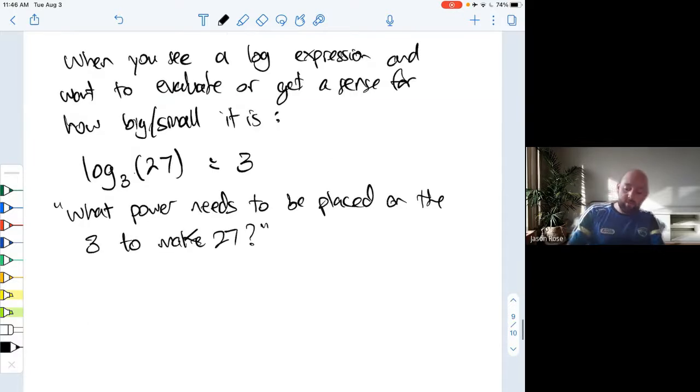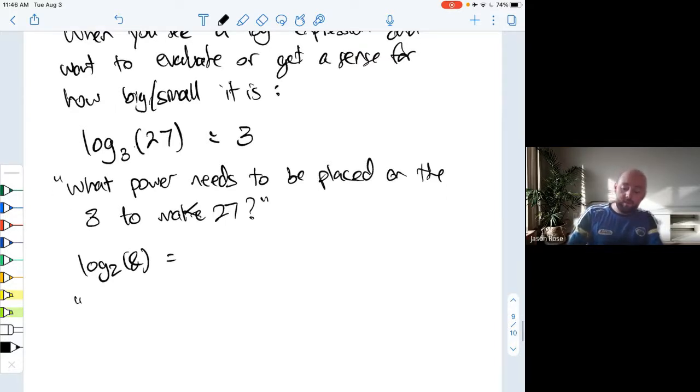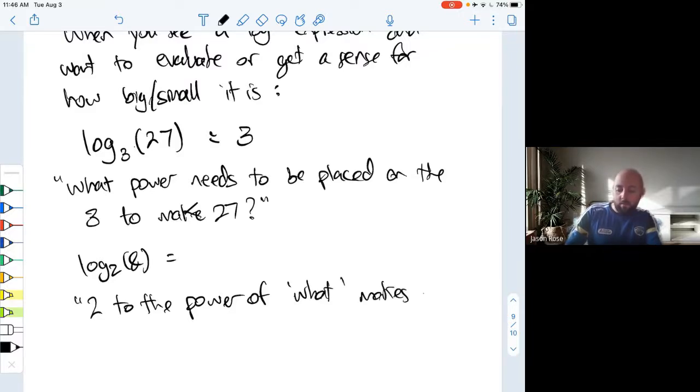If I go back to this one here, for example, log to the base 2 of 8, I'm thinking 2 to the power of what makes 8? 2 cubed makes 8, so the answer is 3.